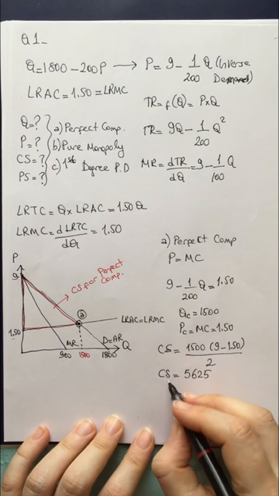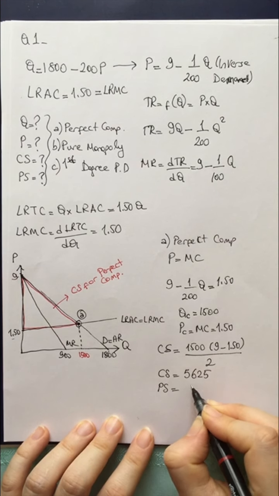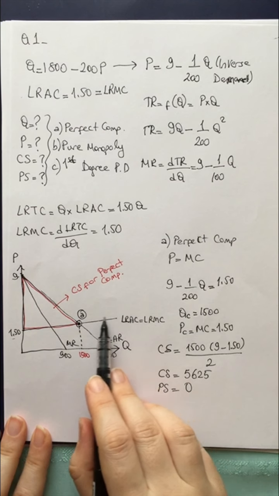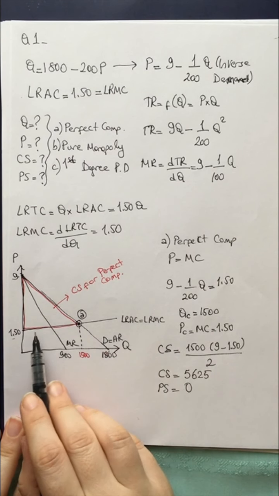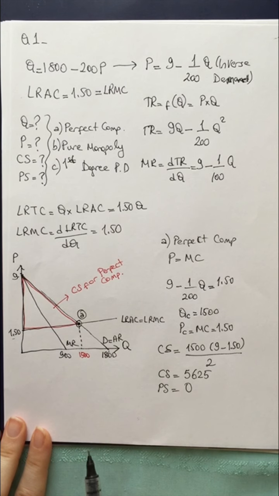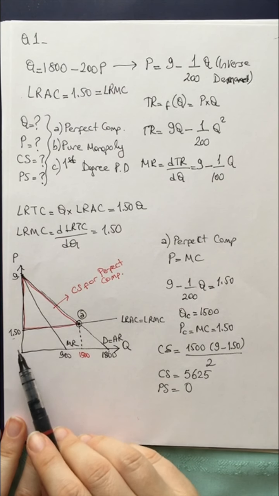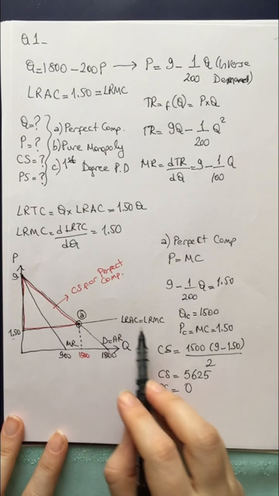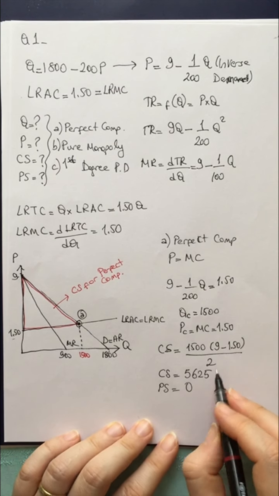So consumer surplus is 5,625. What about producer surplus? It is 0 because the firm has a horizontal long run marginal cost. It's not possible to set a price lower than 1.50. So there is no producer surplus in this case, for perfect competition, of course.